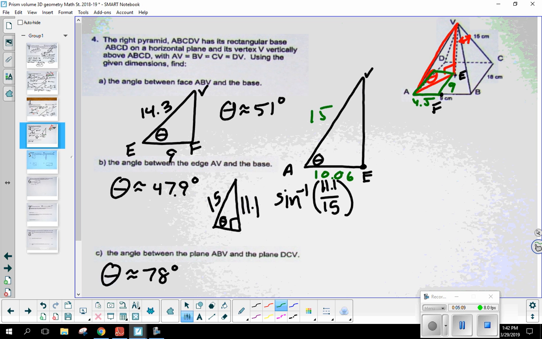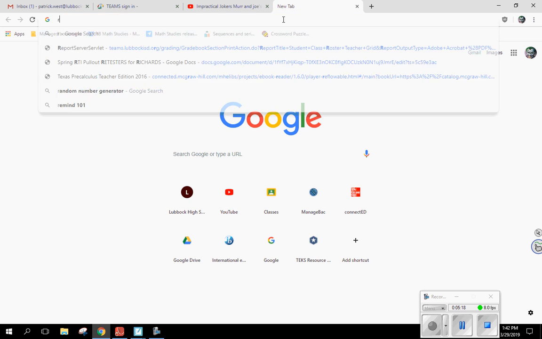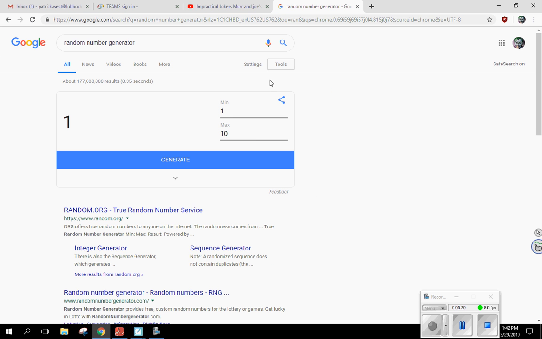Samir, you're in 24? 24, okay. Because he's in the very last seat, I'm only going to put in 23. Any volunteers before I push generate? 11.